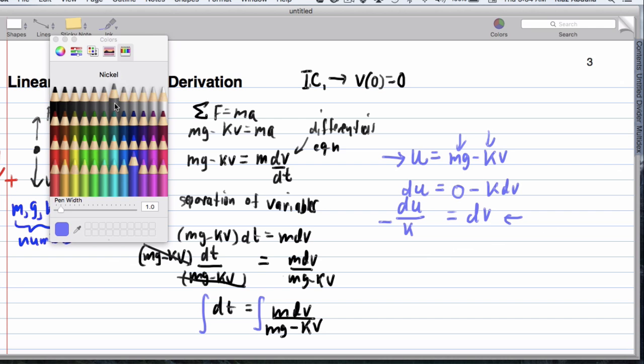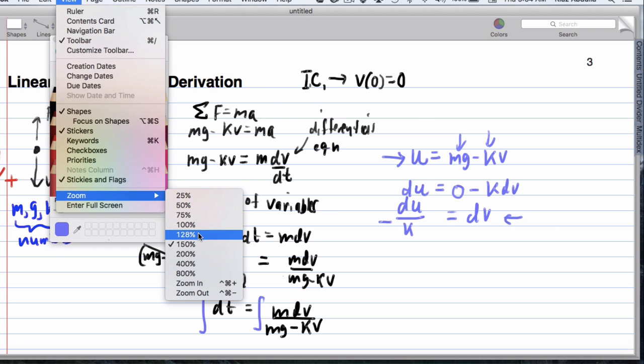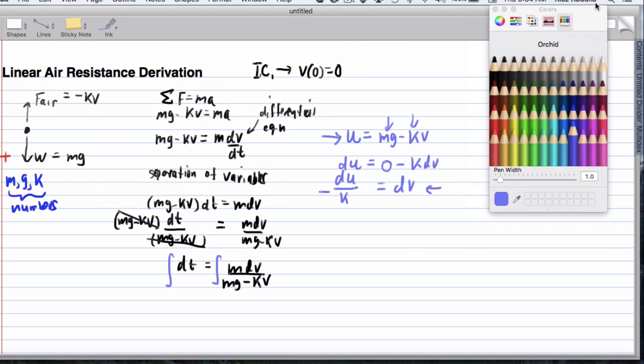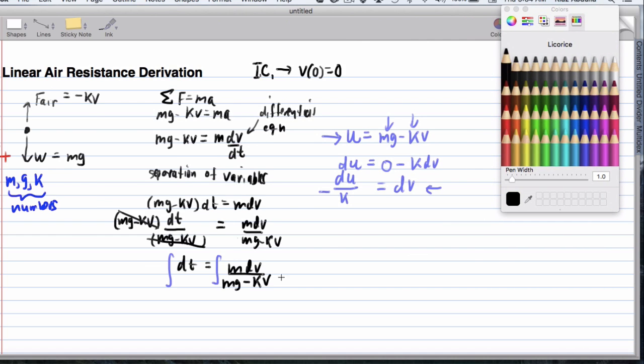What we're going to get when we substitute is an equation that we're going to eventually integrate, and that's going to be dt equals du over u, and we're going to have the m from before, and we're going to divide by negative k, which comes from this thing here.